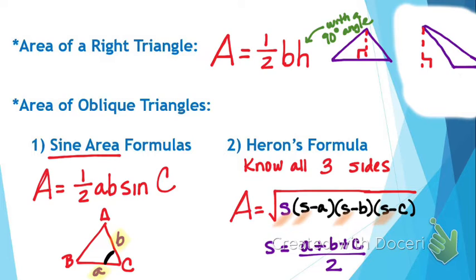So it's the semi-perimeter, half of the perimeter. So those are your three formulas for area.